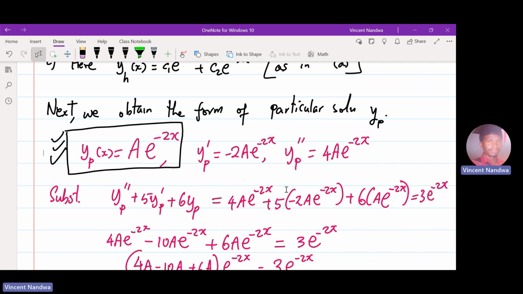So for this case, since there's an e raised power negative 2x in YH, to get the correct form of YP, you multiply this form by an x so that we get two solutions which are linearly independent with respect to what is contained in the homogeneous equation.